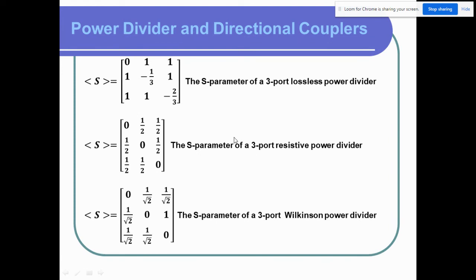However, to deal with the reflection, this is a good power divider. To deal with these two different issues, Wilkinson power dividers are actually designed where there is no reflection and the power has been divided equally. This is voltage, right?